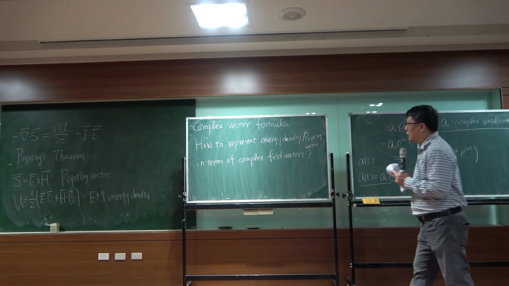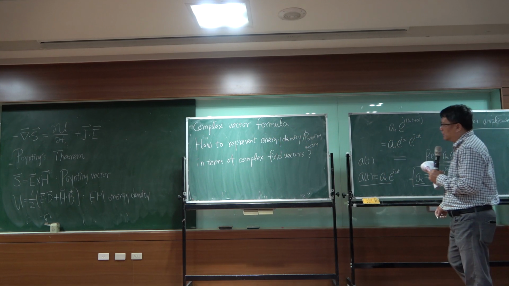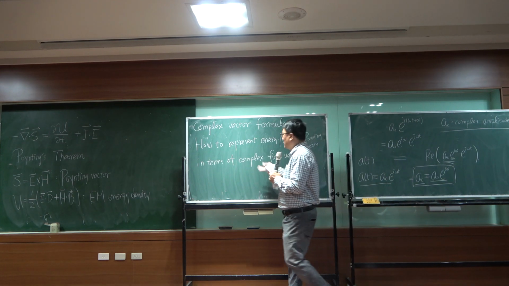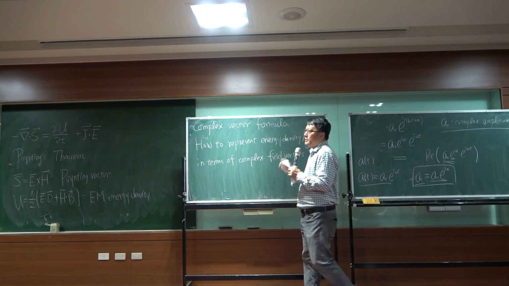We want to know how to represent energy density and Poynting vector in terms of complex field vectors.